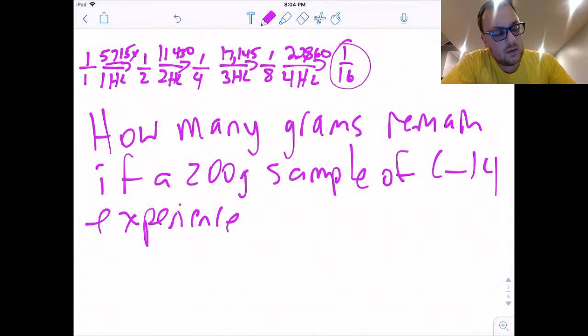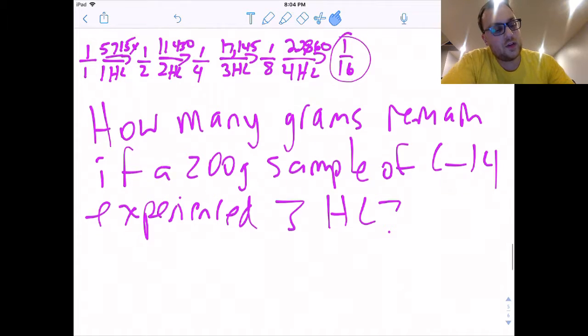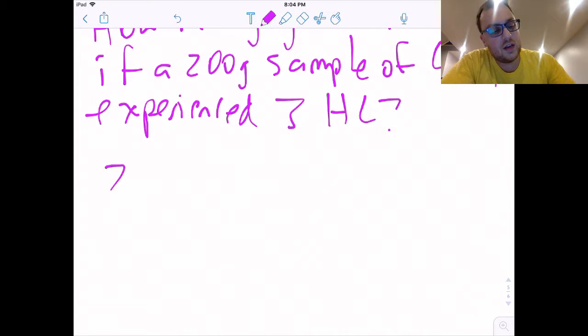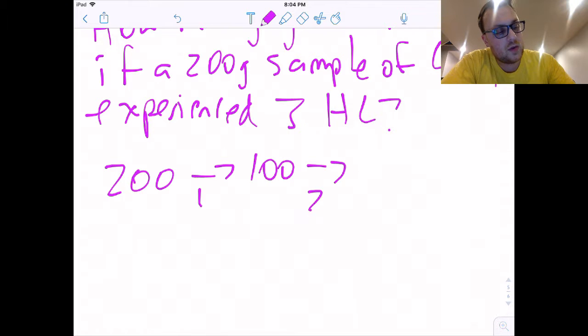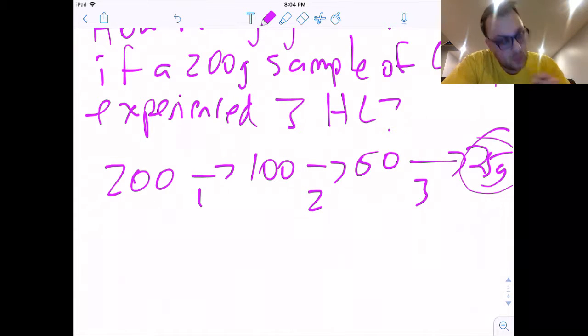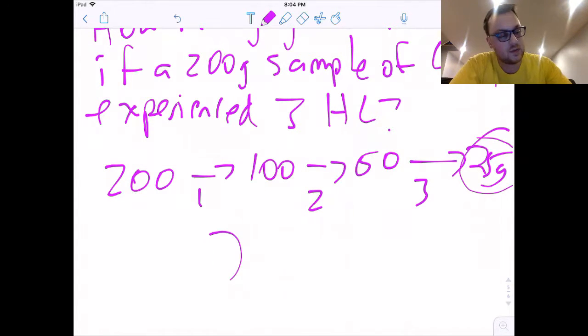So, you take that 200 and you just divide it by 2 once, twice, 3 times. 25 grams remains after 3 half-lives.